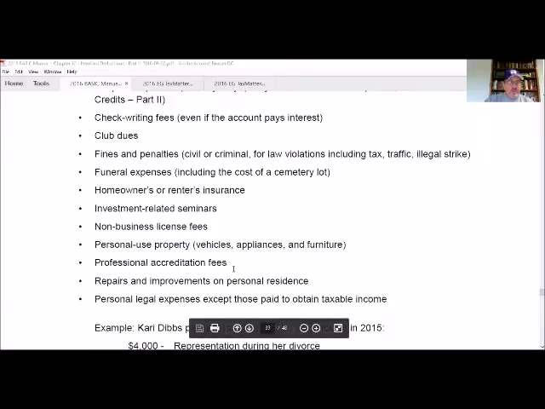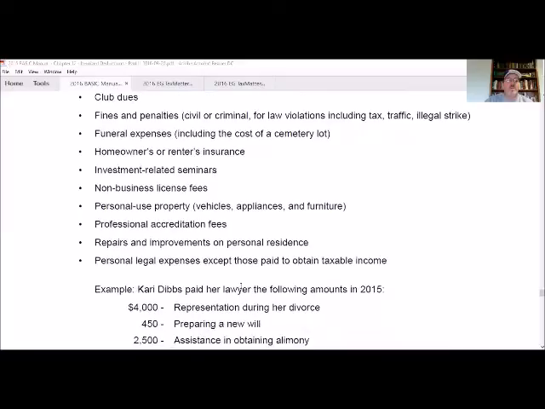Professional accreditation fees. Again, we talked a little bit about expenses for education. If you need to have continuing education hours to maintain your level of job, that's kind of your accreditation. So again, read through the section on education as far as what relates.